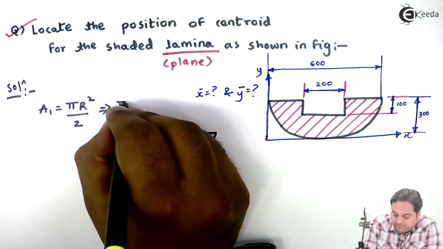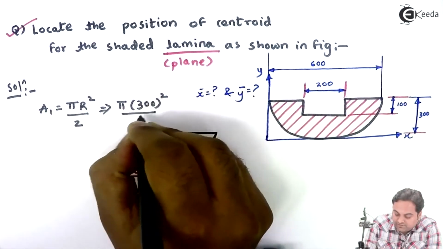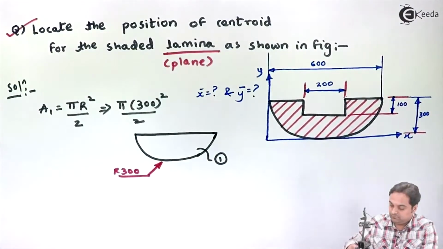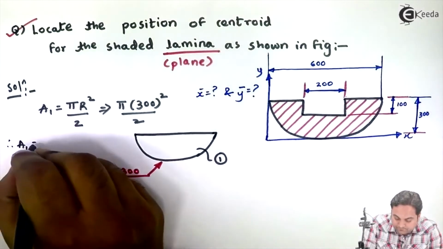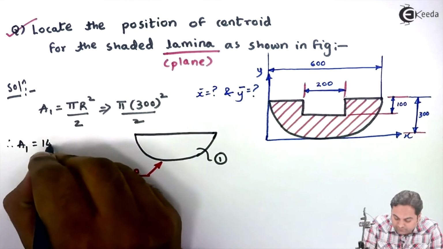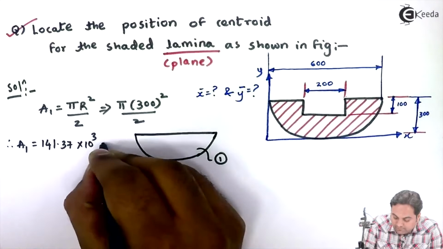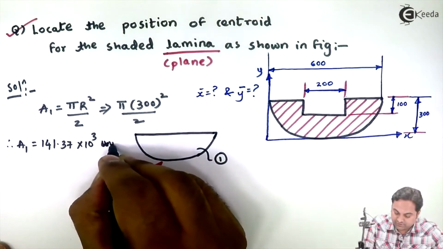So it is pi into 300 squared, divided by 2. Therefore area 1 will be 141.37 into 10 raised to 3 mm square. Here the unit is not mentioned, so I'll just write down it is units.